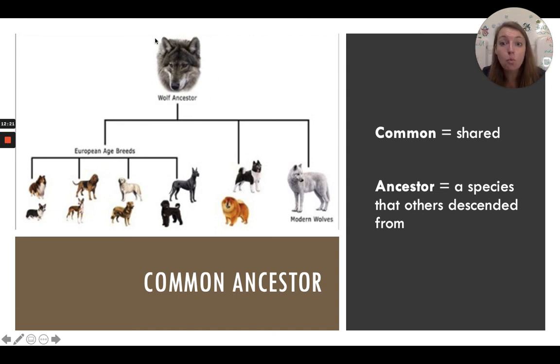Here we've got a wolf. So the wolf is the common ancestor of all dogs. Humans bred these different breeds of dogs from the wolf. And so the shared ancestor of all dog breeds is going to be the wolf.